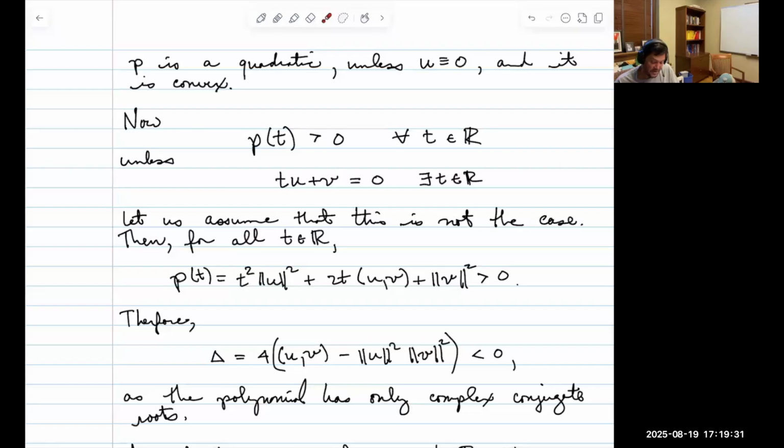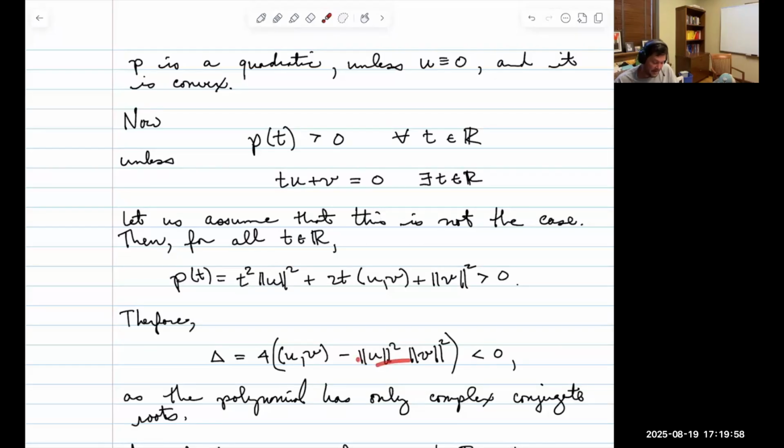Well, functions such as this have the property that its discriminant, which is going to be b squared minus 4ac, right? Well, this is b squared here, 2 times that, squared, that's b. And a is equal to the norm of u squared, and c is equal to the norm of v squared, so that's where all this comes from, right?